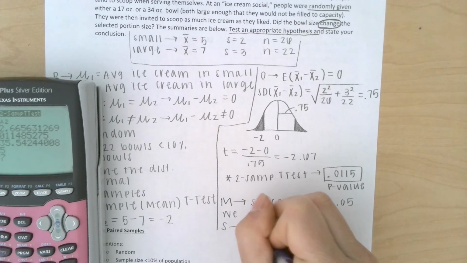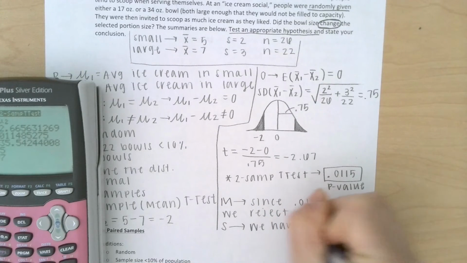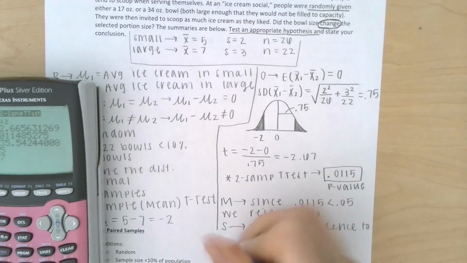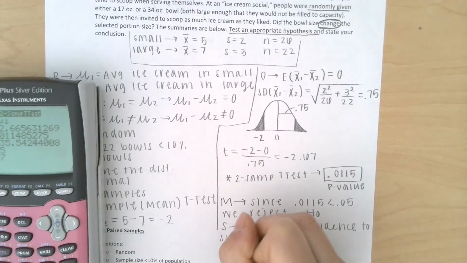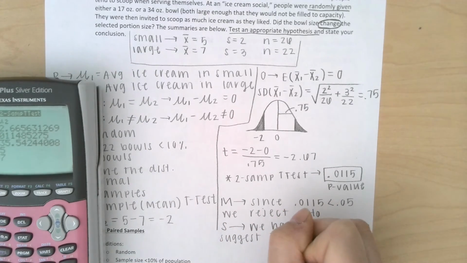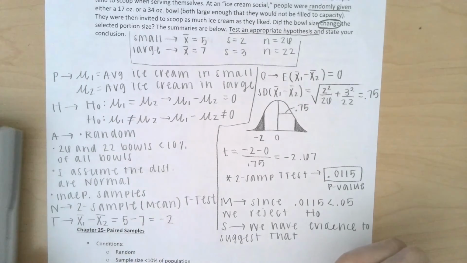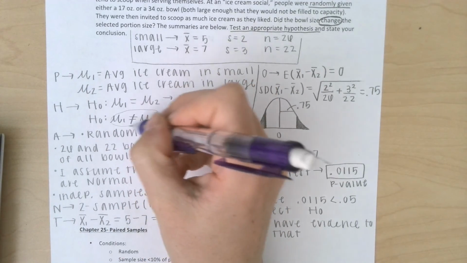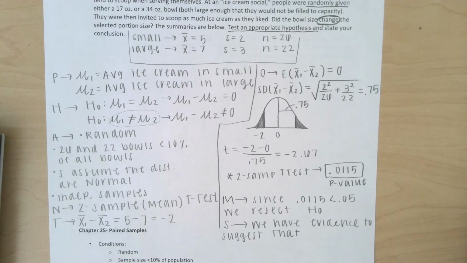Rejecting H naught means that we have evidence to suggest that the alternative is true. So looking at my alternative, looks like the average ice cream in a small bowl is different than the average ice cream in a large bowl.